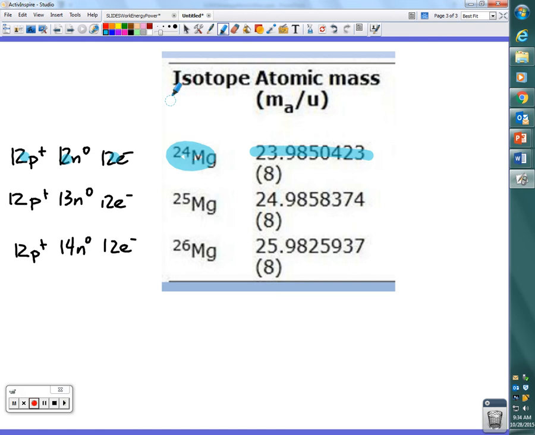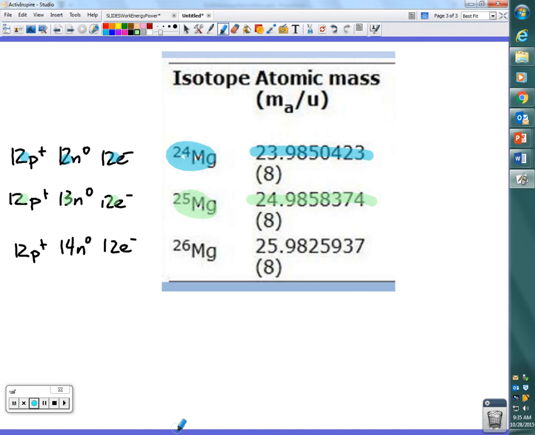Here, magnesium 25, right? 12 protons, 13 neutrons, 12 electrons. Again, it goes up by about 1, but it's actually a little bit more than 1 time bigger than magnesium 24. Does that make sense? Sorry. Do you see that?